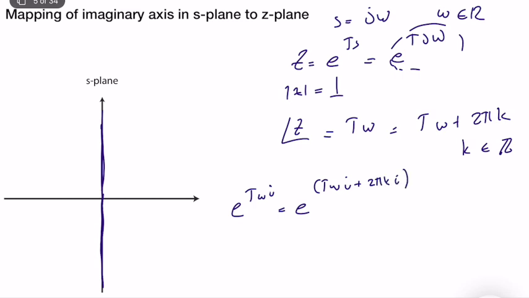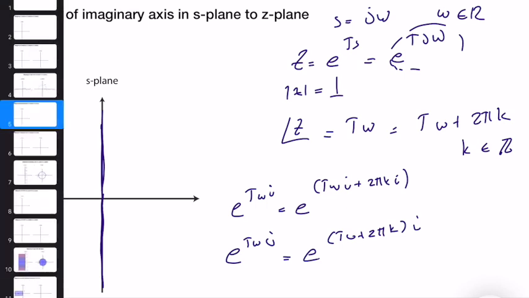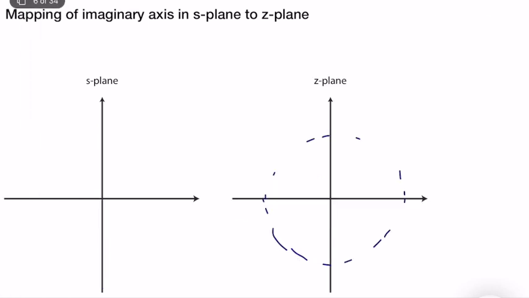This is true because it's the phase. This means that e to the power T omega j is equal to e to the power j times T omega plus 2 pi k. Okay, so we are going somewhere here.